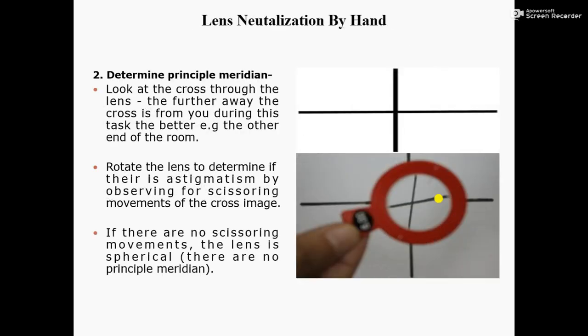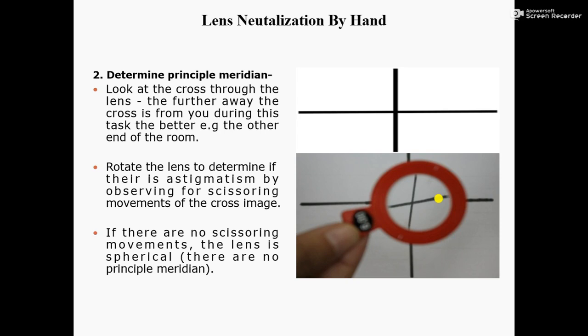Next, number 2, determine the principal meridian. Look at the cross through the lens. The farther away the cross is from us during this task, the better, at the other end of the room.